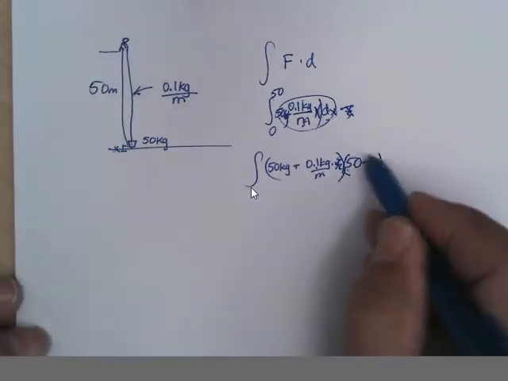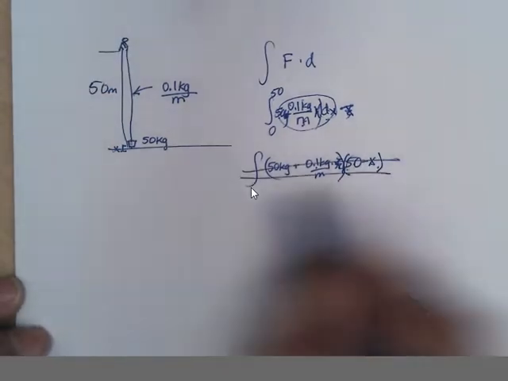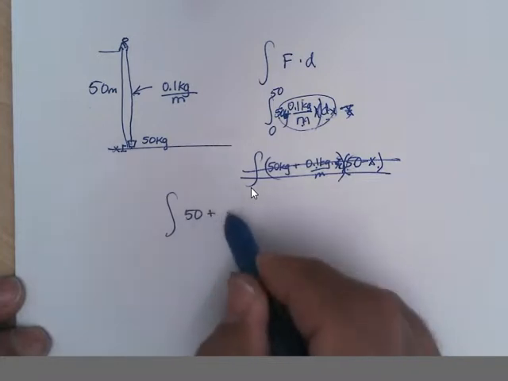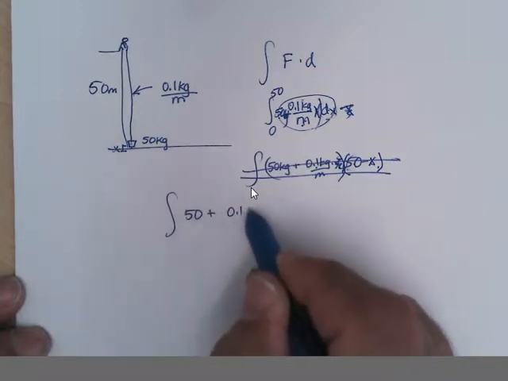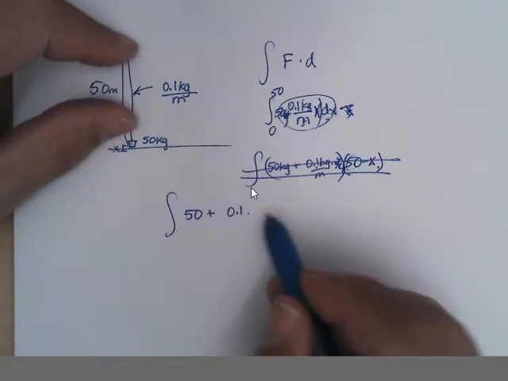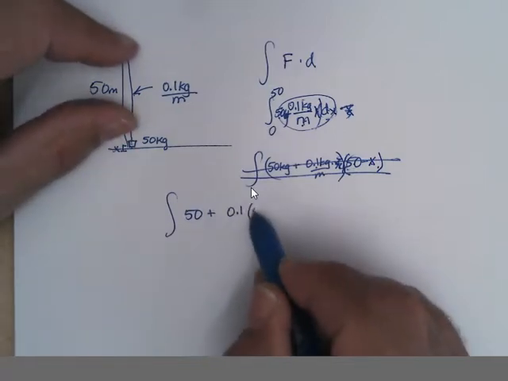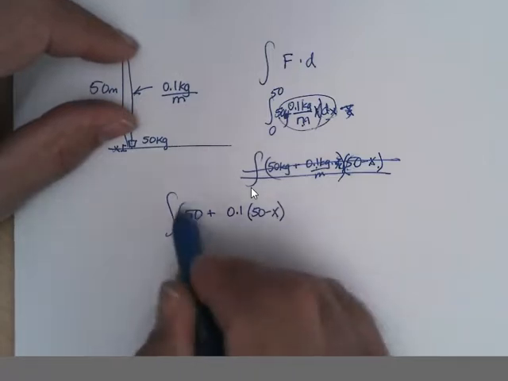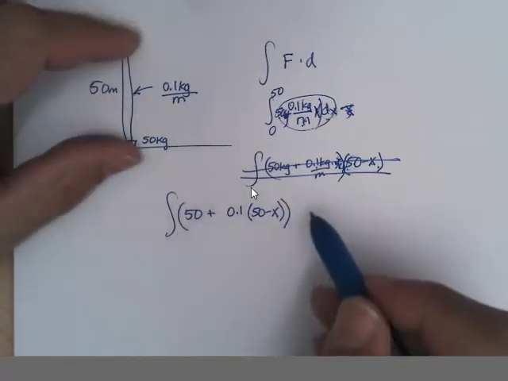Okay, so let's get this right. 50 kilogram bucket plus the density of the rope times how much rope is there, and if I've lifted it x, the rope that's out there is 50 minus x. So this times this plus that is the total mass that we're lifting.